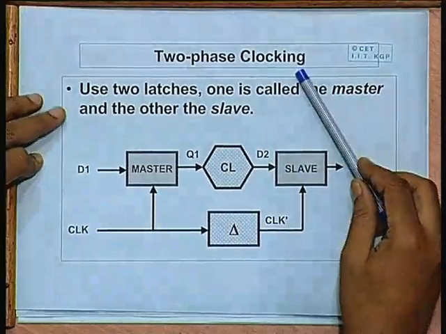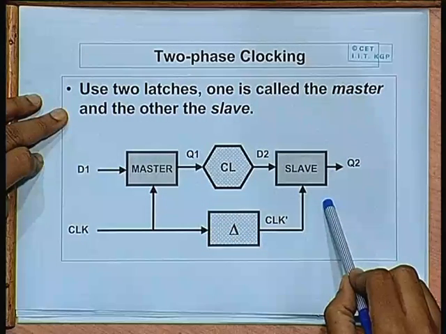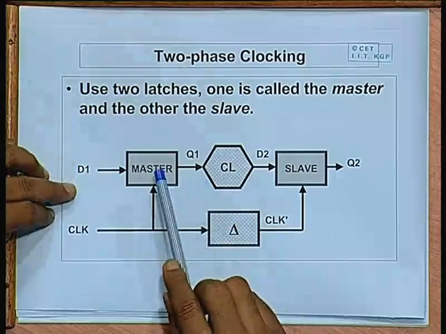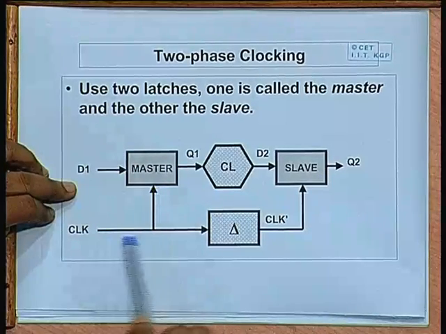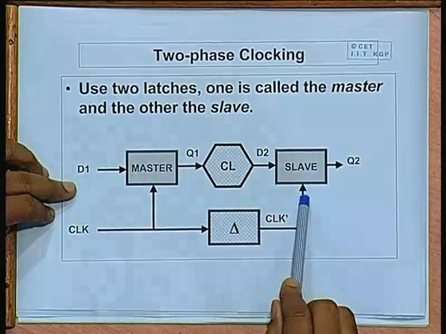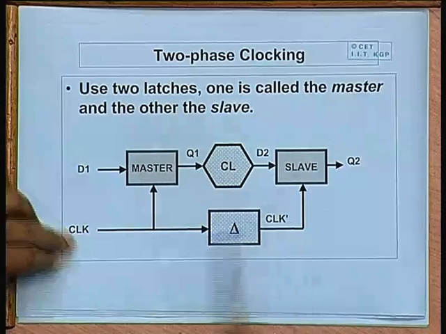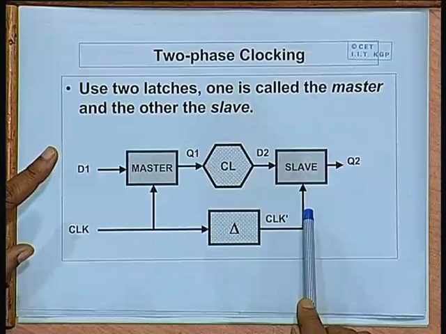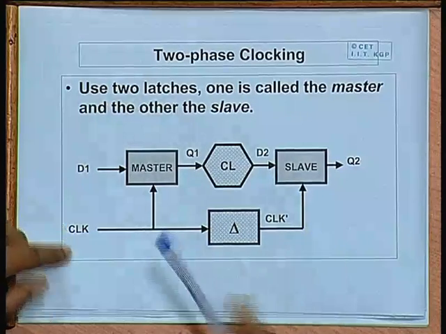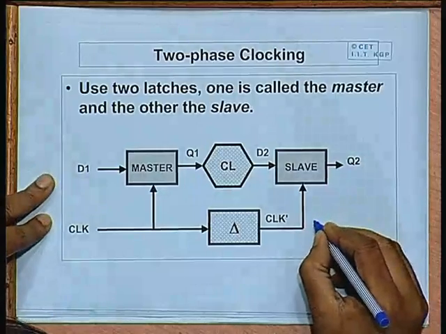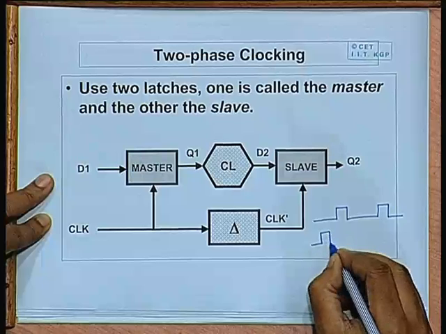Well, 2-phase clocking is very typical, because most of the flip flops which we use in circuits have a master slave kind of structure, which are often clocked with 2 different non overlapping clocks. Well, one can be generated by inverting the other, or this clock and clock bar can be 2 separate clock inputs which we generate. These are non-overlapping, they are not necessarily complements of one another. One may be like this and the other may be like this.